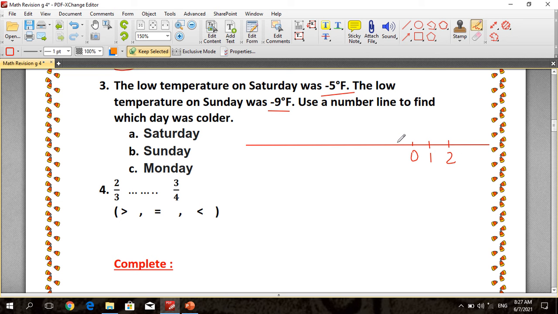Let's write them together: -1, -2, -3, -4, -5, -6, and we will continue until we reach -9.